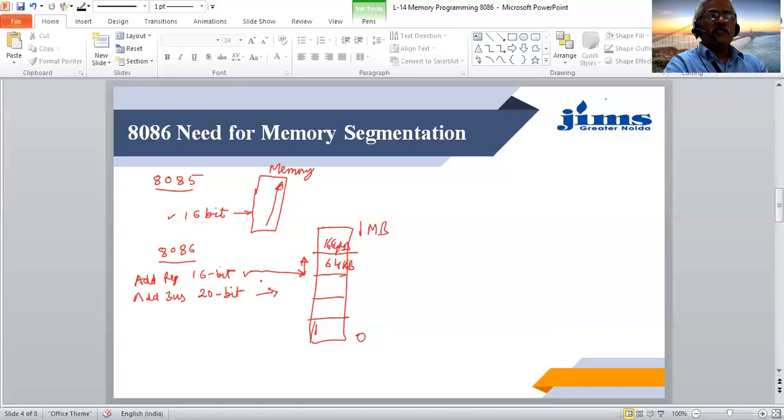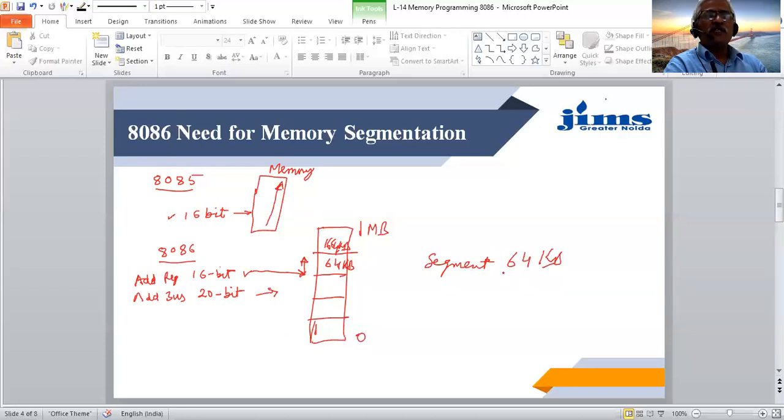So our task of memory addressing, instead of linearly addressing 1 megabyte, which was not possible with 16-bit address registers, is made possible by logically segmenting the memory into different segments, each segment 64 kilobytes wide.